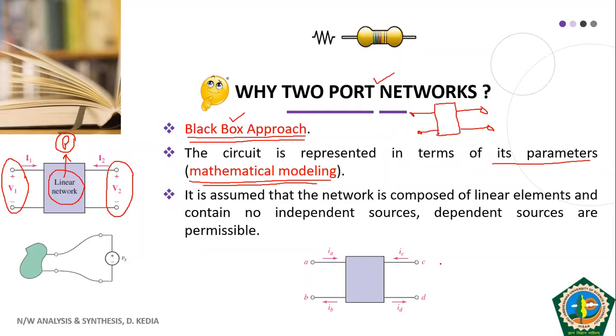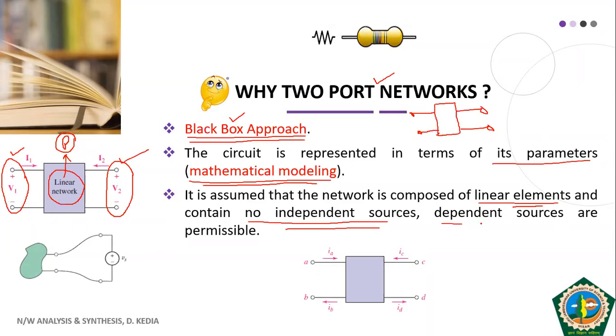Another important thing that we will have to assume while going through this two port network approach, or black box approach, is that our network is composed of linear elements. Another thing is, our network must not contain any independent source. Any independent source, if any, can be connected only at the two terminals, not inside the linear network.